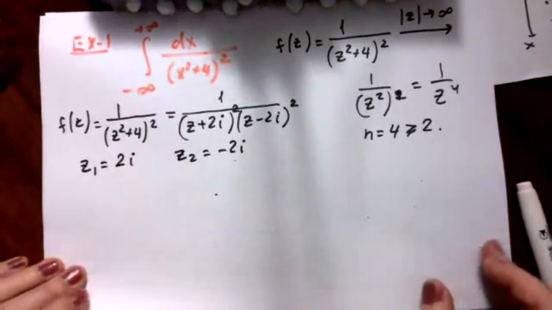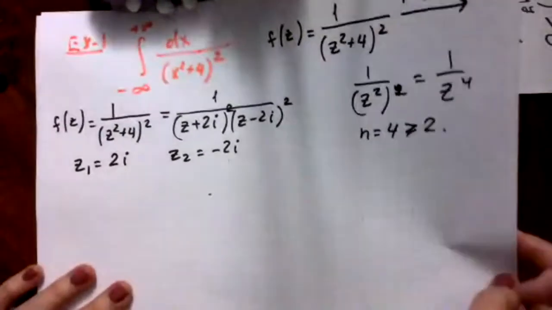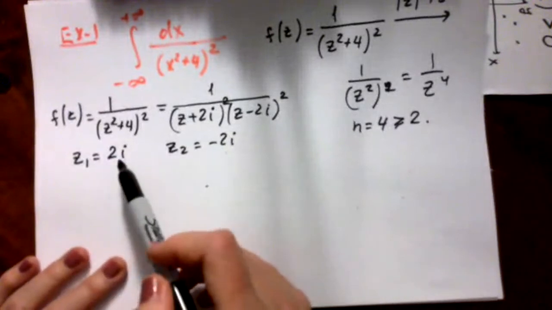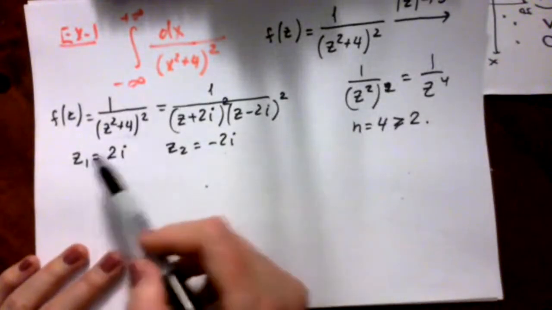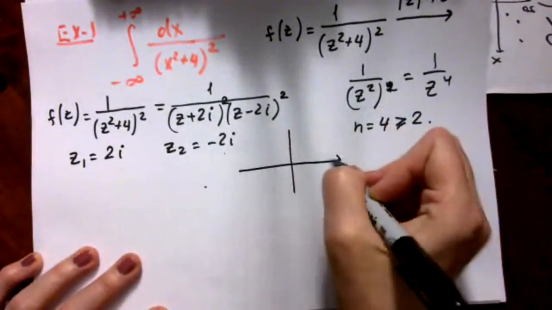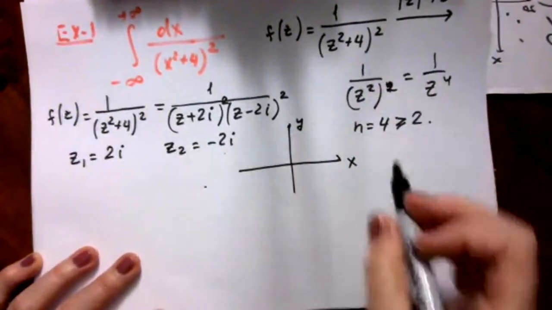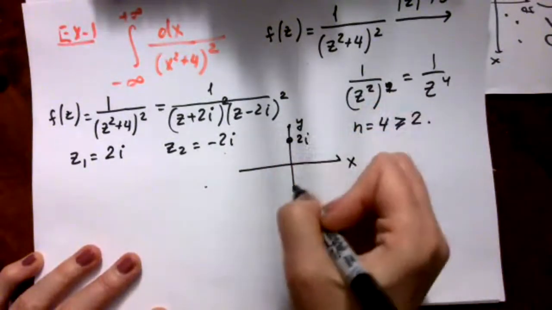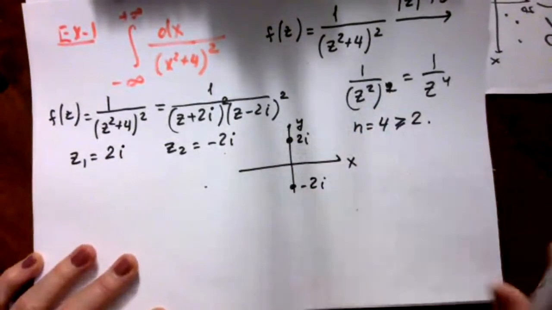Now, according to the third step of our algorithm, or maybe the fourth, we need to find those which have a positive imaginary part. But I think the better idea is just to plot both of them. So the first point is 2i, it's somewhere here, and minus 2i is somewhere here.